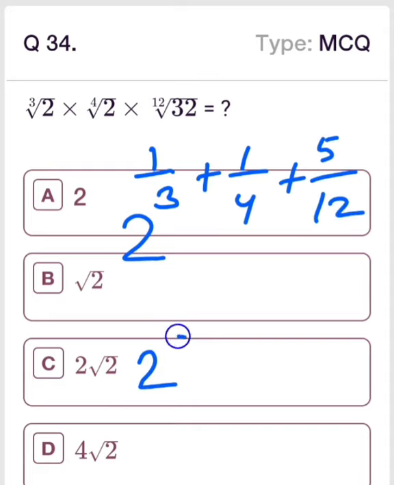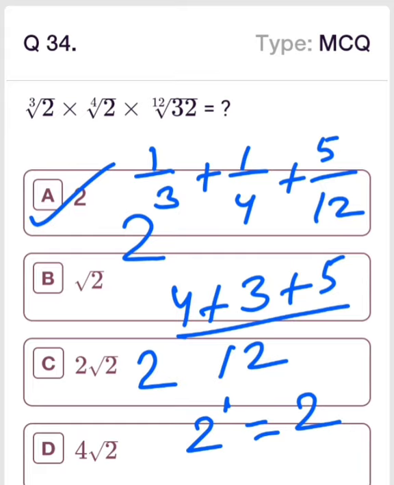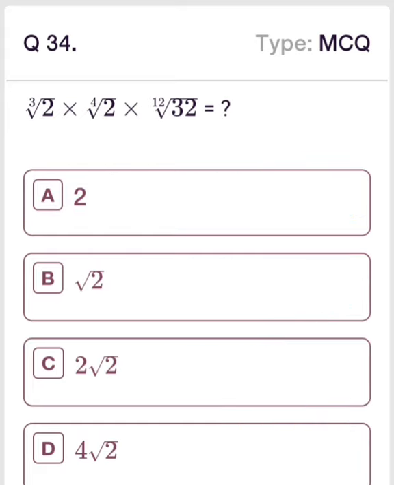Okay, then 12 is the LCM, no? 3 4s are 12, 4 3s are 12, then 12 1s are 12, and 5 1s are 5. 5 plus 4 is 9, 9 and 3 is 12. 12 upon 12 means what? 2 power 1. 2 power 1 is 2. Then A is your answer.